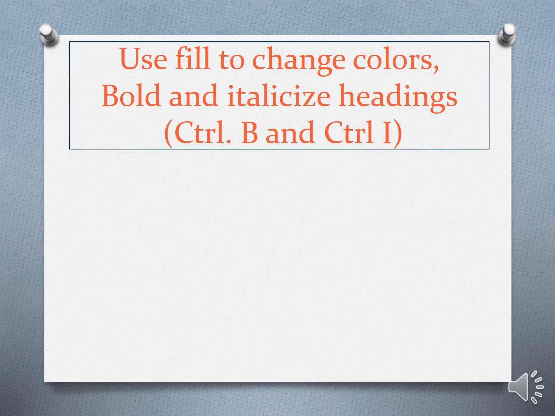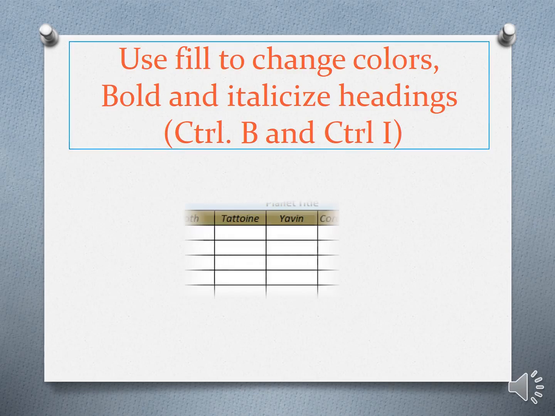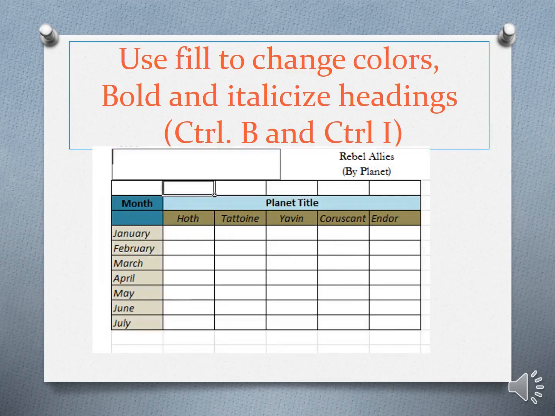You can use fill to change the colors, bold, and italicize your headings. This is great to point out different items. You want all of your months to show. You want all of your employees, your titles, to show. So changing the colors and bolding it will make different things stand out so it just doesn't look like one big cluster.